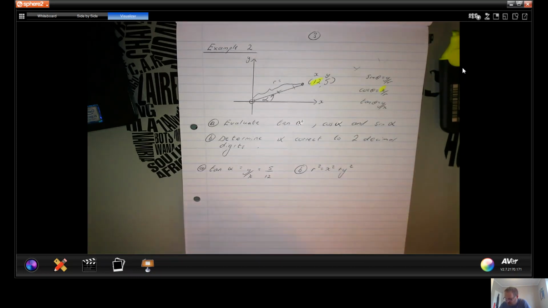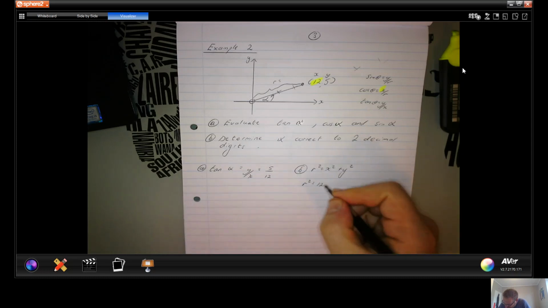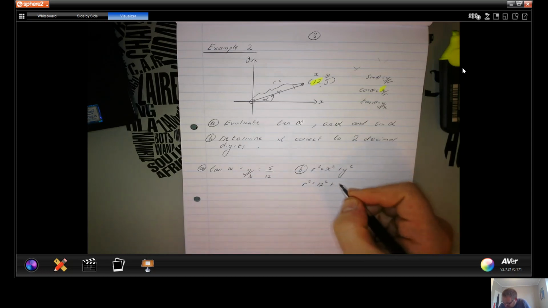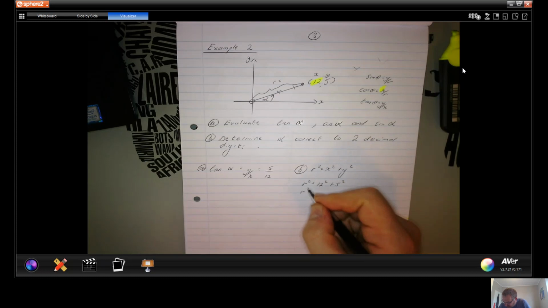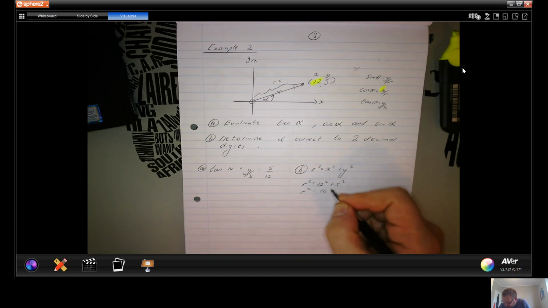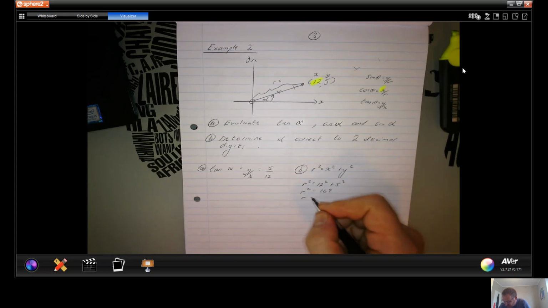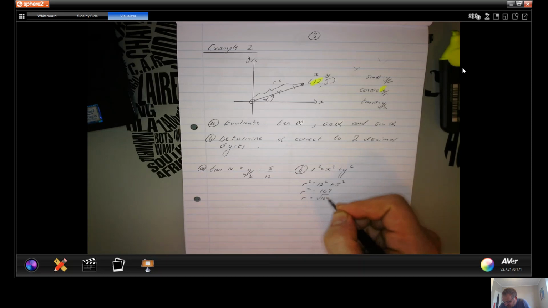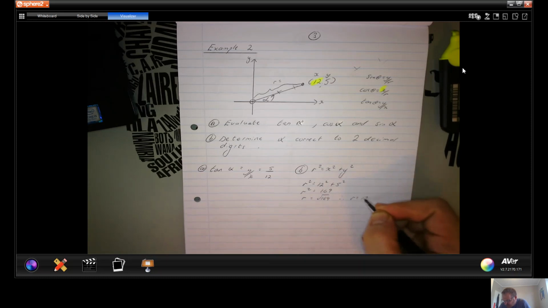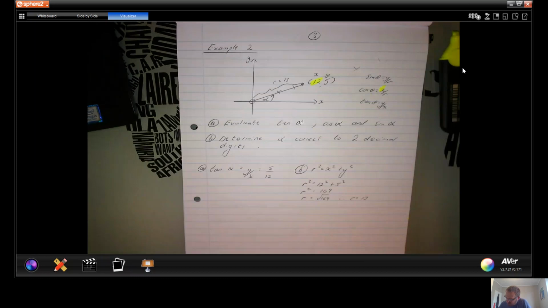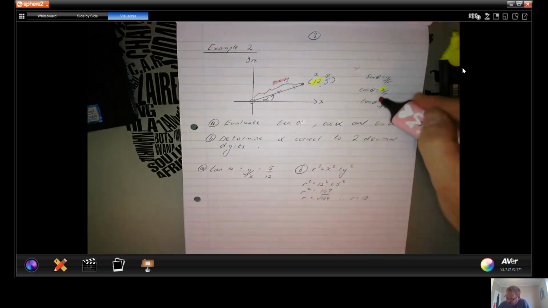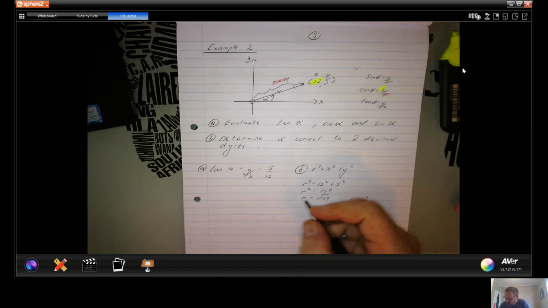In other words, the radius squared is going to be equal to 12 squared plus 5 squared. And if you work that out, you'll see the radius squared is 169. So the radius is equal to the square root of 169, so the radius is equal to 13. So now I can fill in that value. My radius is equal to 13, and now I can answer the question.